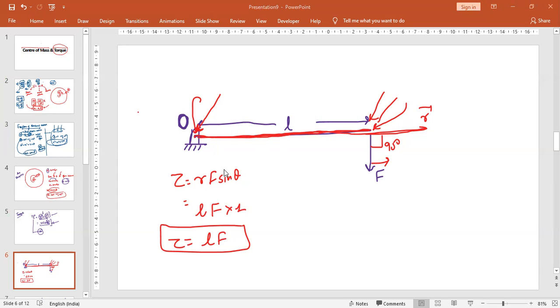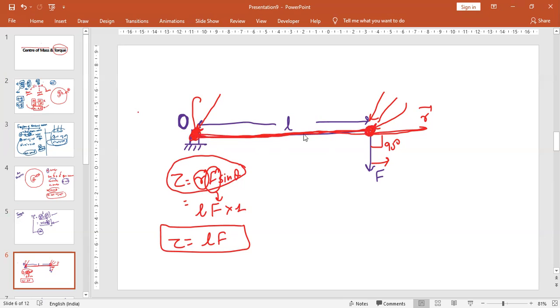Ram, you have to understand this formula: what is the meaning of R, what is the meaning of F, what is the meaning of theta. So F is simple, F is the force applied. So what will be R? R is the distance between the point about which you are calculating torque and the point at which the force is applied.